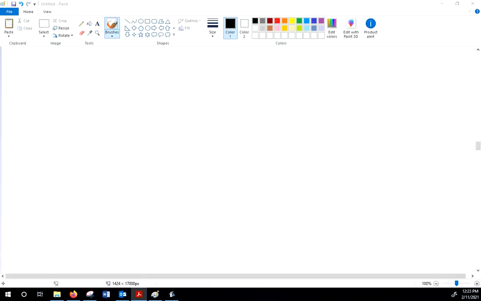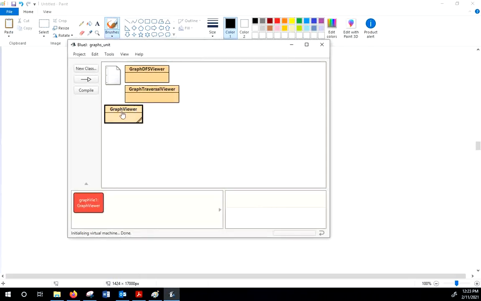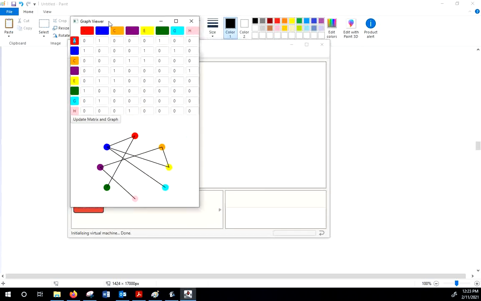I want you to download the Graph Viewer program from my webpage, and the Graph Viewer will allow you to, if it will load, first play around with this matrix here and see what happens. See what happens when you try and delete one.